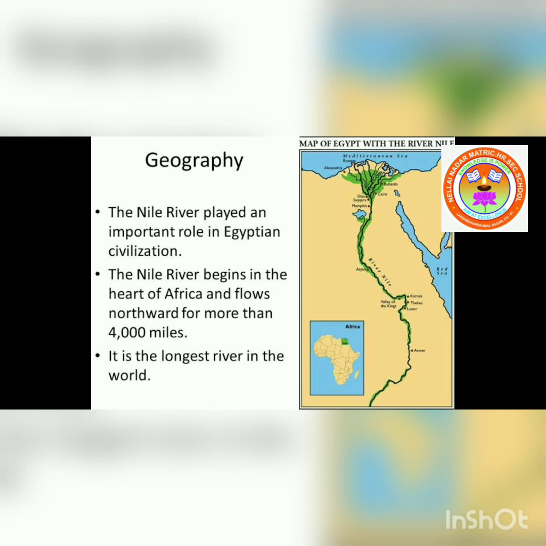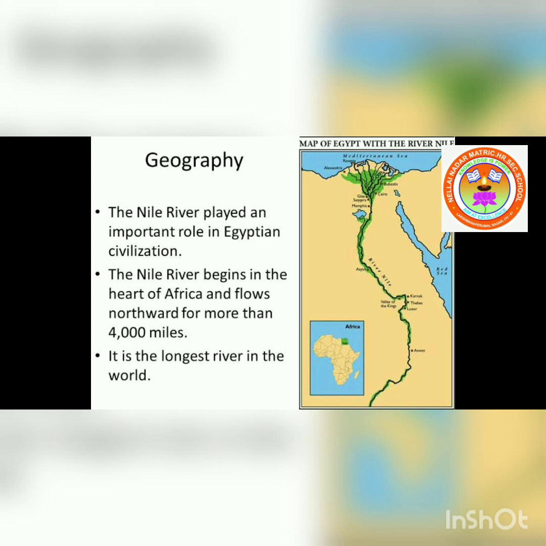Here, only the Nile River Valley. Inside, the African continent map is given, children. In the African continent, in this river line, the Nile River.